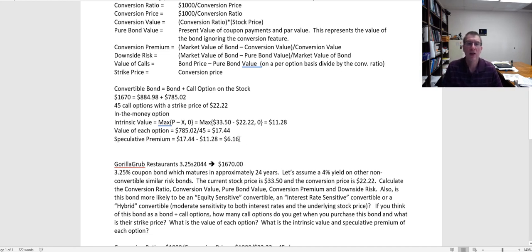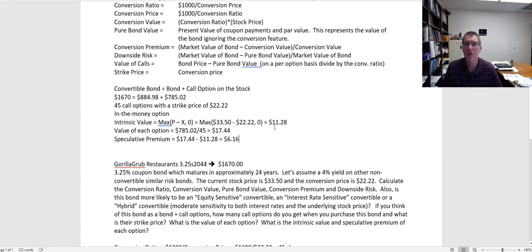So now what we've done is we've calculated that there are a total of $785.02 worth of options attached to this bond. Those options represent 45 individual call options with a strike price of $22.22. Those options are currently in the money.